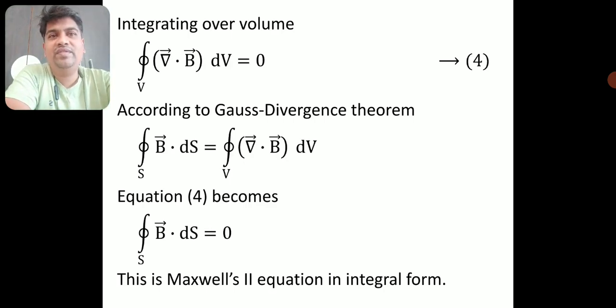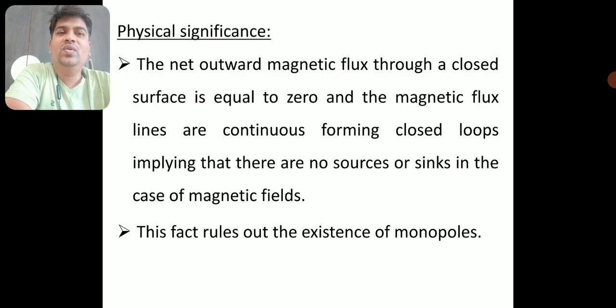The flux lines are continuous, forming closed loops, implying that there is no source or sink in the case of magnetic field. So there is no net outward flow of magnetic flux from a closed surface. The magnetic flux lines are continuous and form a closed loop.